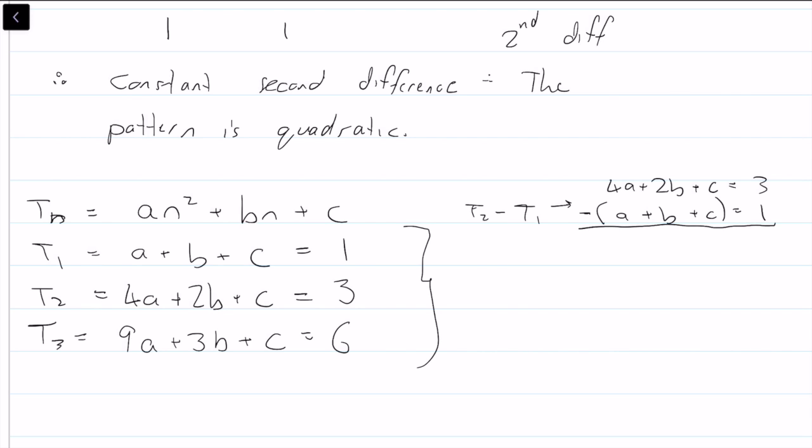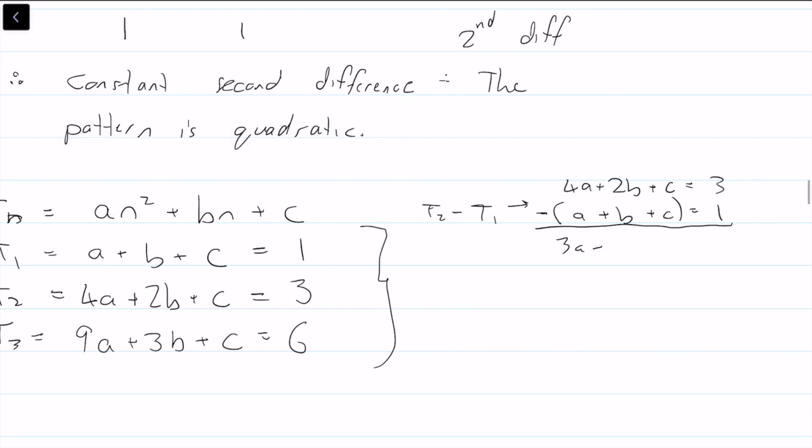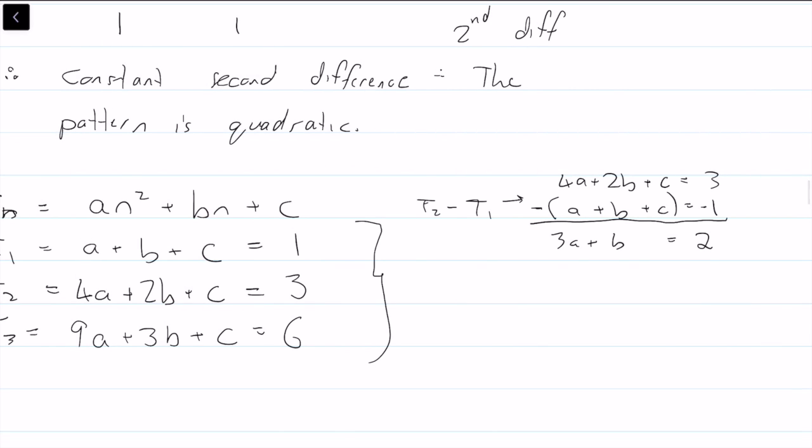When I do that, I get 3a plus, so 2b minus b, that's b, c minus c cancel, is equal to 3 minus 1, which is 2. So I get 3a plus b equals 2.